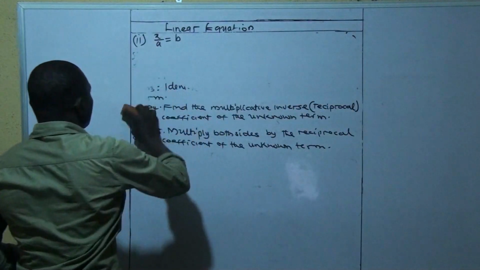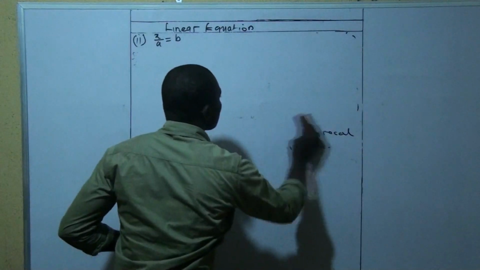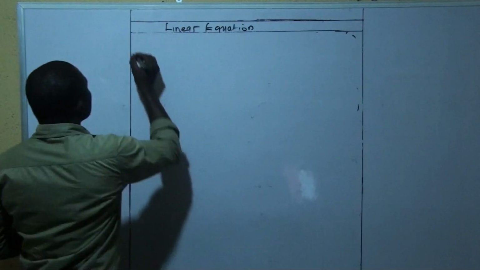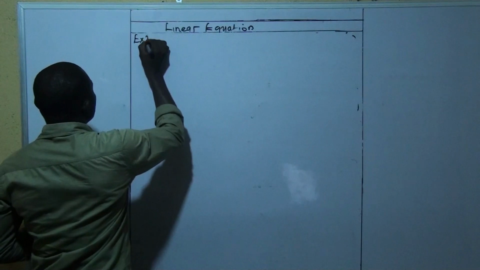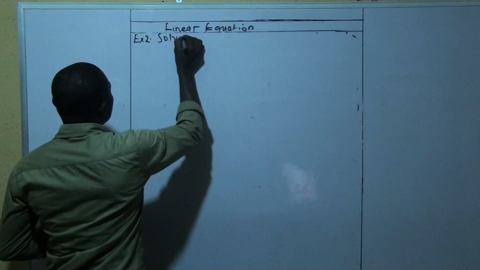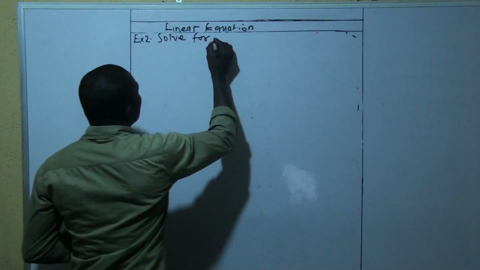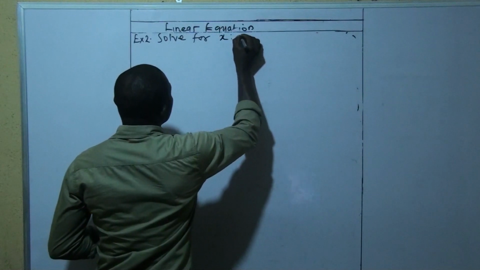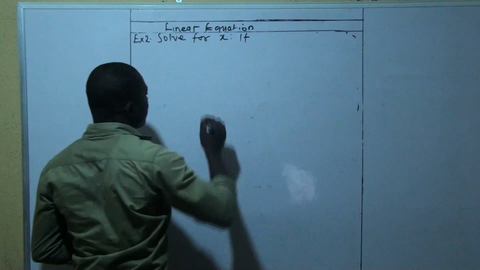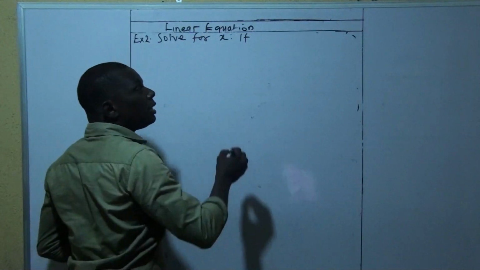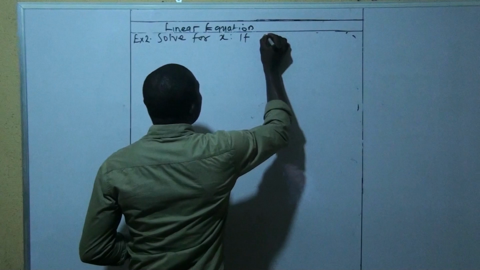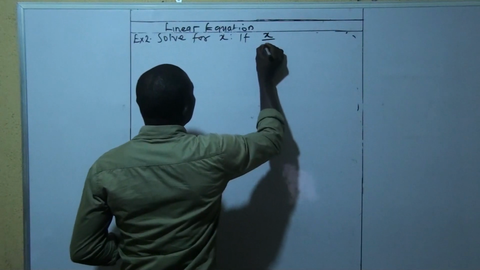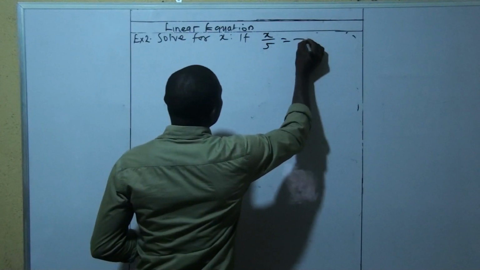Let's look at an example. Solve for x if x over 5 is equal to minus 12.